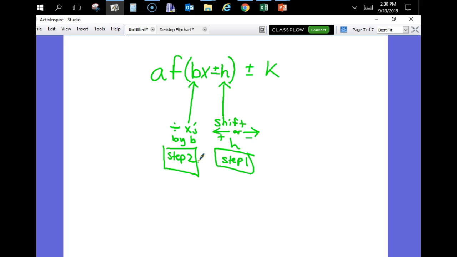What is next? The next thing that you're going to do is, what does that do? That multiplies all the y values by a. That's step 3.